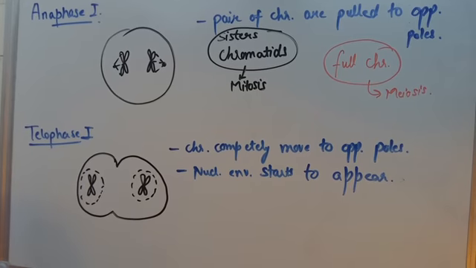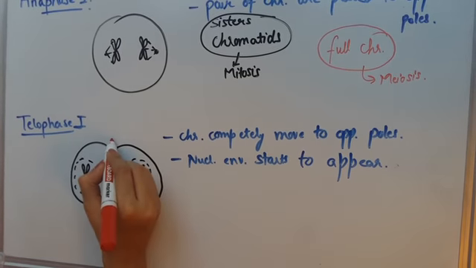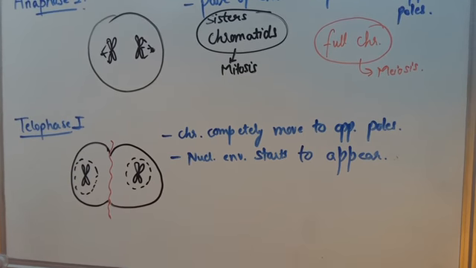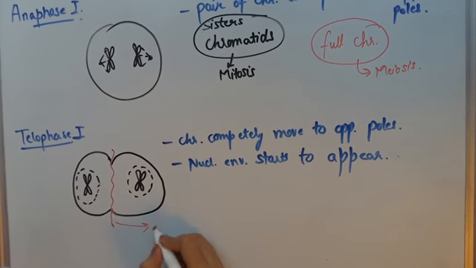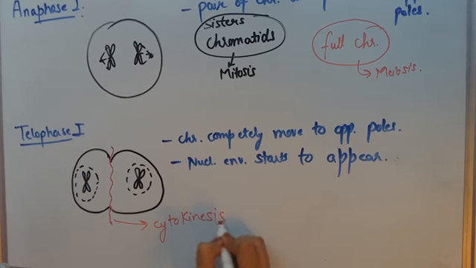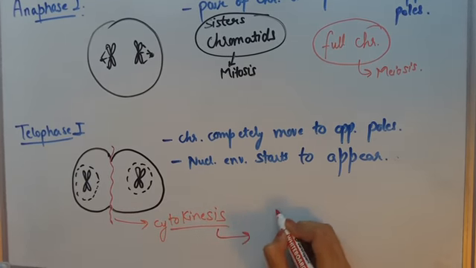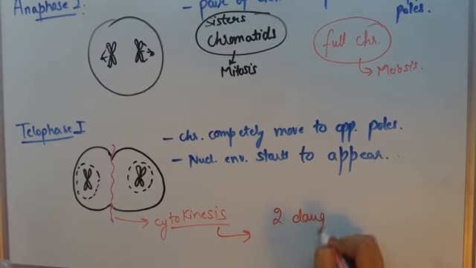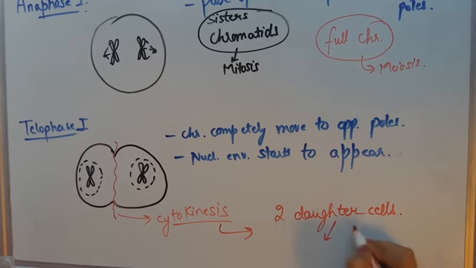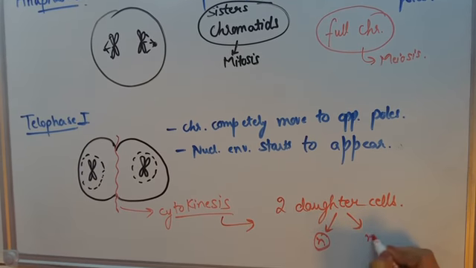After telophase 1, again like mitosis, the pinching off of this cell will start to occur, and this is called cytokinesis. This will give rise to two daughter cells containing half the number of chromosomes.